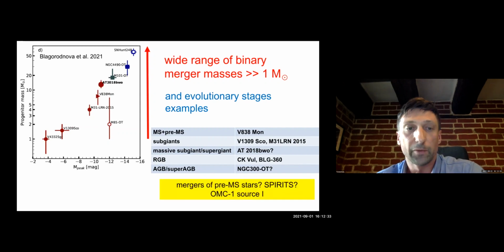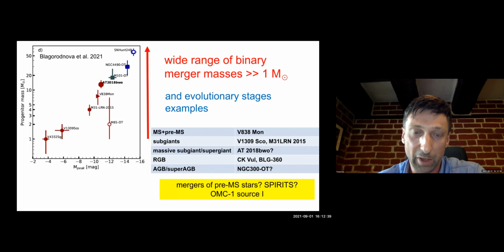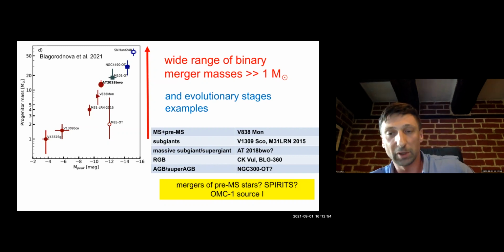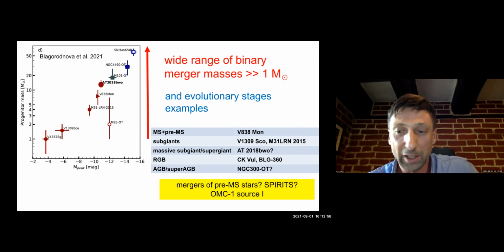So we have many different evolutionary stages, and the topics of our conference this week cover many of those phases, maybe except the pre-stellar phase, the pre-main sequence phase. There is not much work I see being done on the early stages of stellar evolution, but I think it's very relevant for the topic.